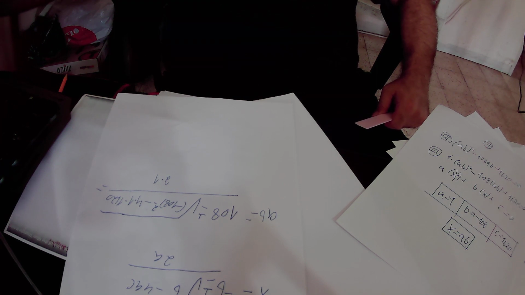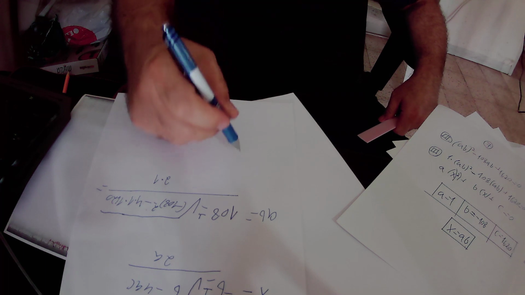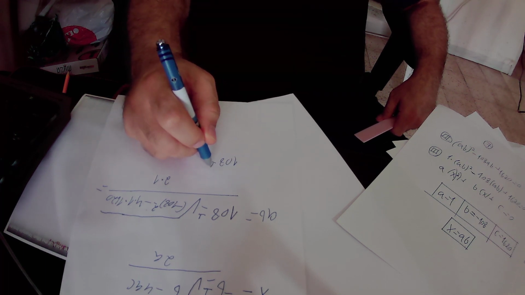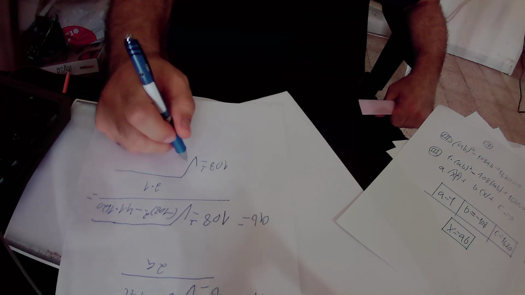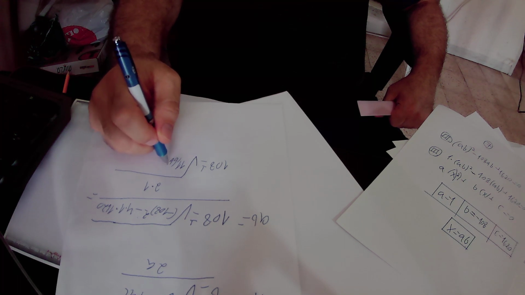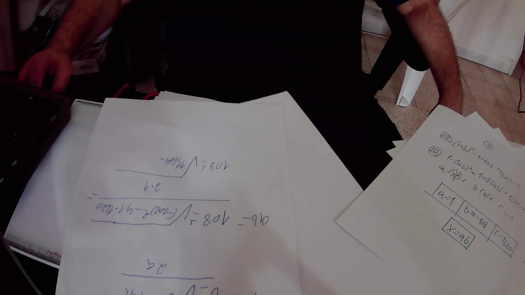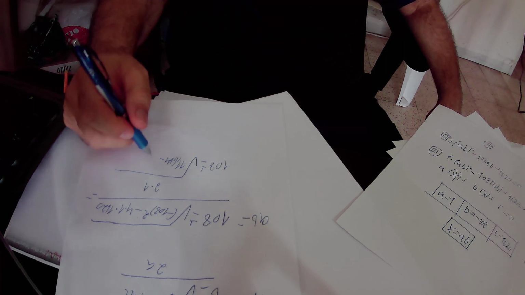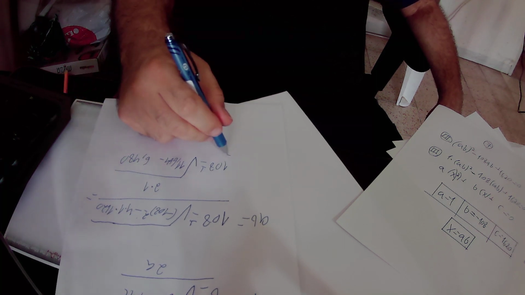Minus 108 squared equals 11,664, minus 4 times 1620 equals 6,480, all divided by 2.